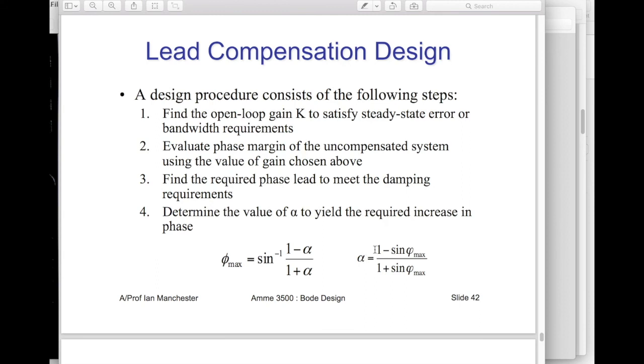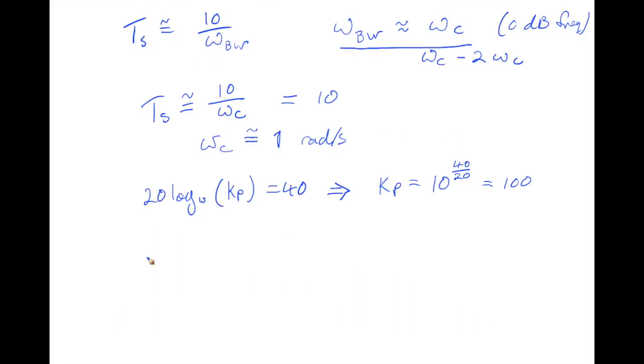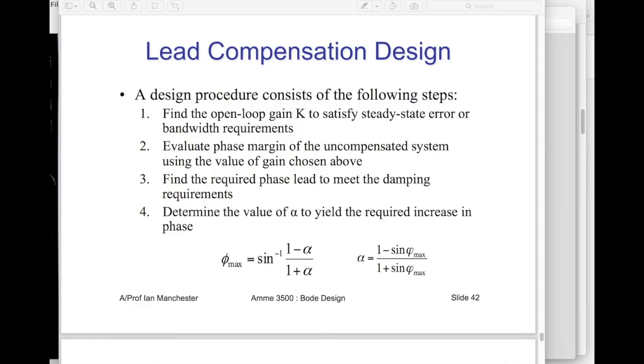So alpha is 1 minus sine 50 over 1 plus sine 50. That turns out to be 0.1325. Okay, so we've already got one of our parameters for our controller.